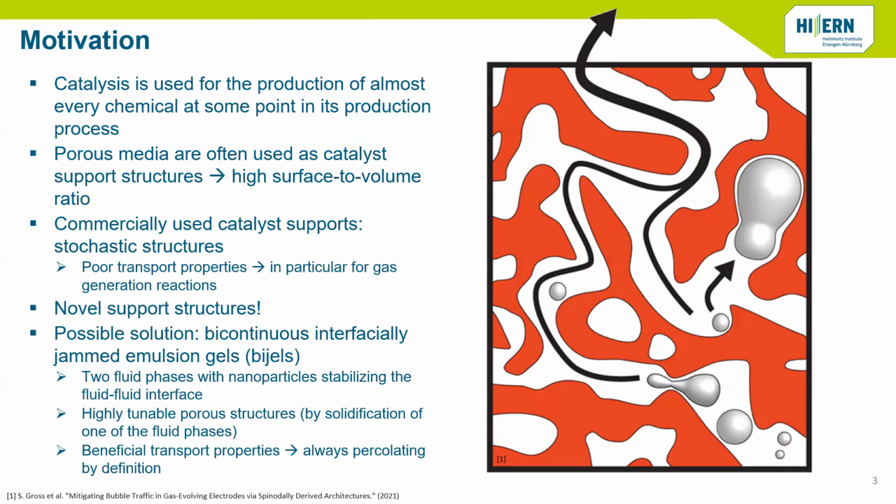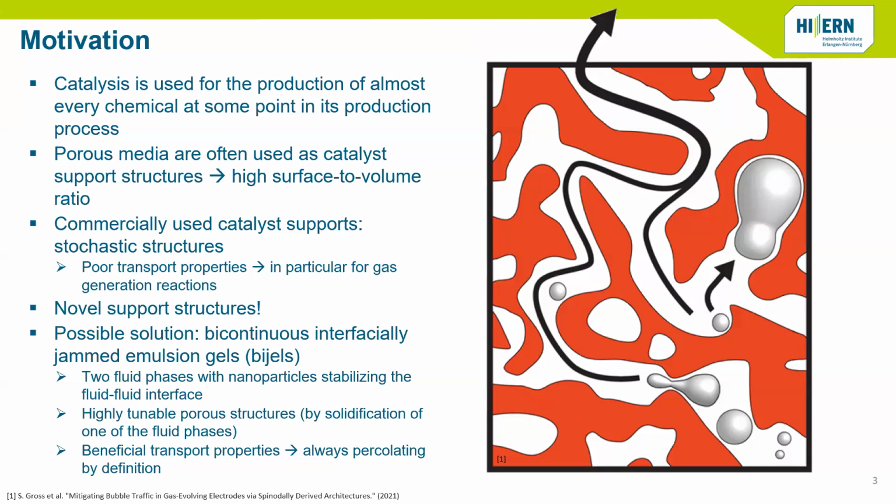This in particular comes forward for gas generation reactions. As you can see here on the right, these bubbles, when they move up due to buoyancy, get trapped in dead ends. There are also dead pores here, which means a loss of surface area. They have to follow very tortuous pathways to get out of the structure, and that's generally not very beneficial for transport through the structure.